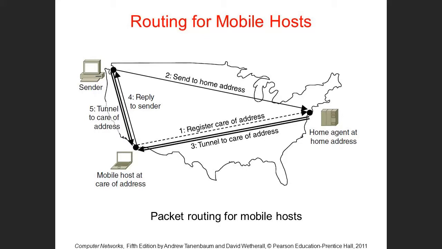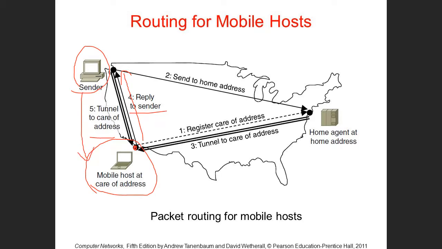Got this much? Then I can proceed to these steps 4 and 5. Yes, let me know, right? Once this mobile host, wherever it is, gets the packet, from the data it can read who the sender is, and wherever it is, it can simply send the acknowledgement back directly to the sender. Once the sender receives the acknowledgement, the sender learns where the mobile host is present right now.